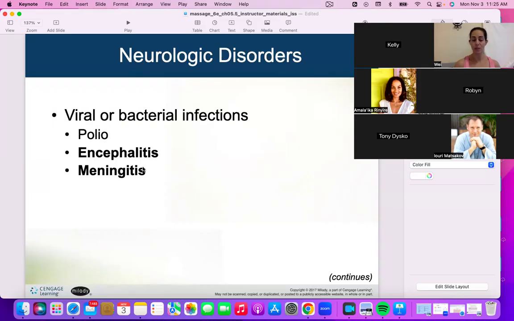The ones that send commands for movement, which stem from the medulla oblongata and the spinal cord, and result in paralysis of the related muscle tissue. Symptoms of polio can be fever, gastrointestinal discomfort, stiff neck, and headaches.